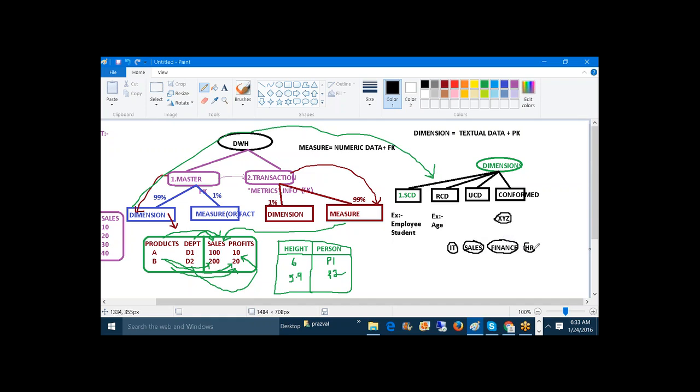So here IT is one business segment or one business area, sales is one business segment, finance is one business segment, and similarly HR is also one business segment.